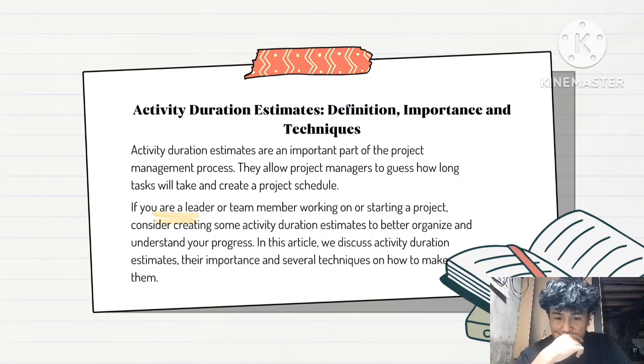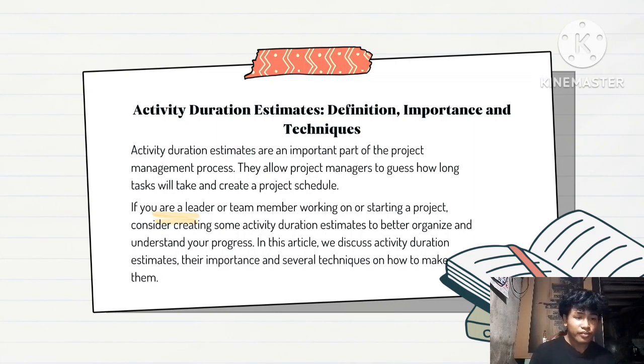If you are a leader or a team member starting a project, consider creating some activity duration statements to better organize and understand your progress. In this article, we discuss activity duration statements, their importance, and several techniques on how to make them.